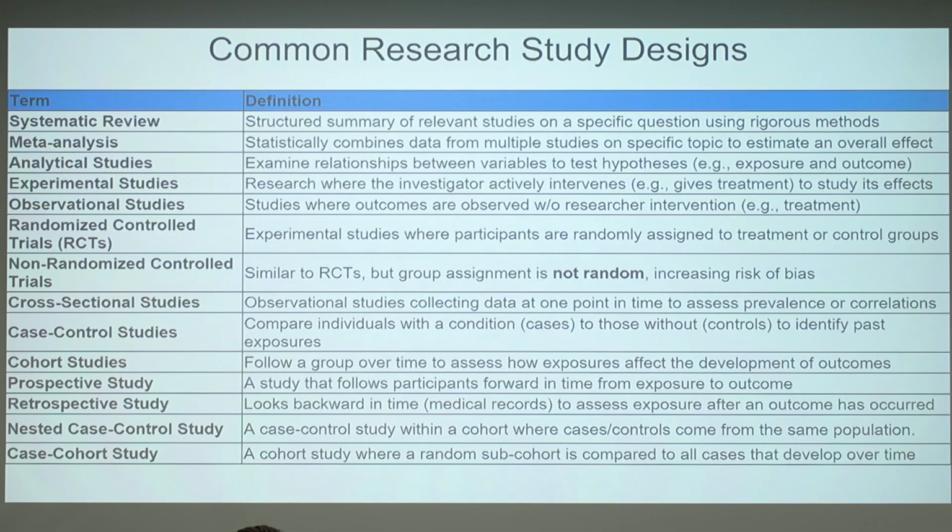And then case cohort study is where you have a large cohort, maybe 10,000 patients, and at the beginning of your study, you select a mini cohort of a couple of hundred patients. You use that mini cohort every time somebody gets a disease in that group as well, and you compare it to the mini cohort.